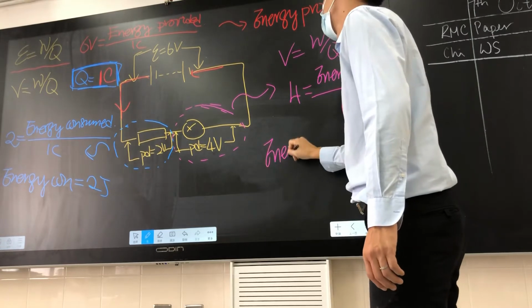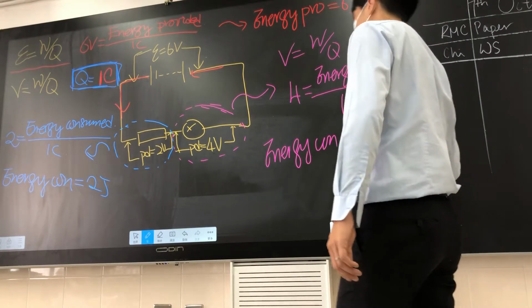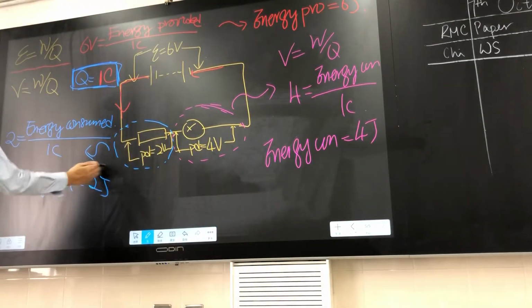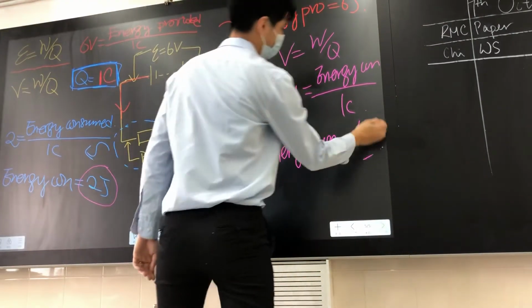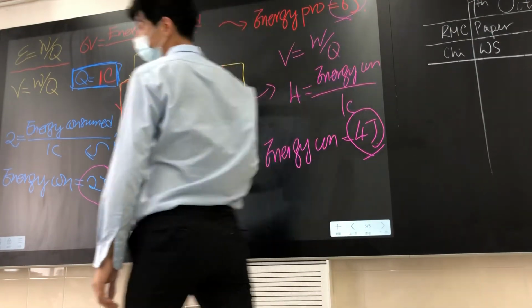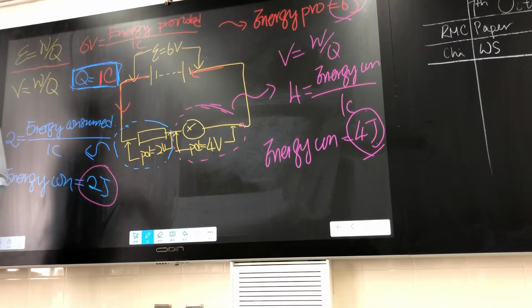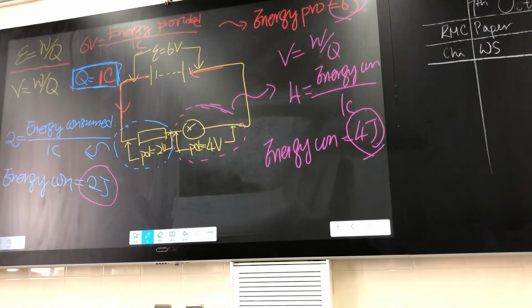So the energy consumed is 4J. As you can see, the sum of energy consumed equals the energy provided. For every circuit, it has the characteristics like this. You need to know how to calculate the energy consumed and the energy provided in this electric circuit.